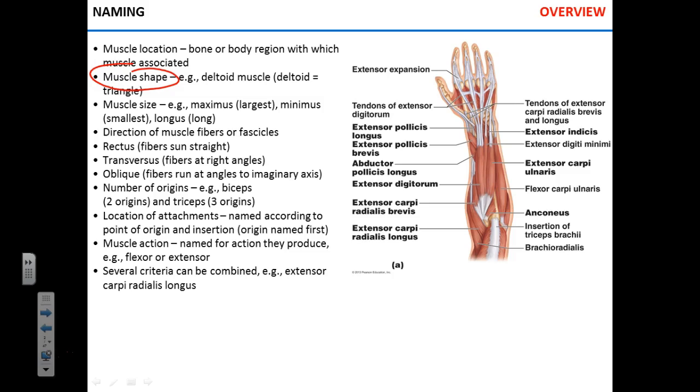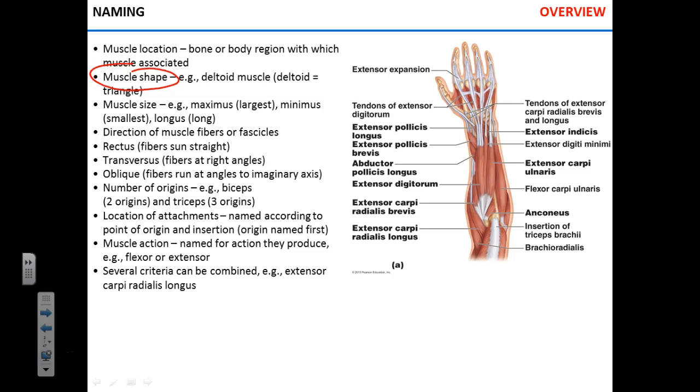Direction of fibers. Oblique, rectus, another oblique, and if I remove the front portion of that, you will see transverse fibers.